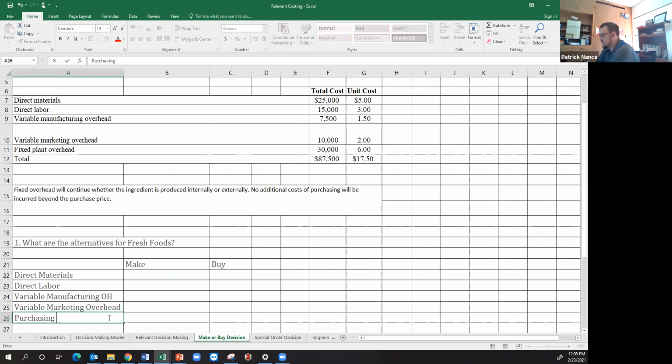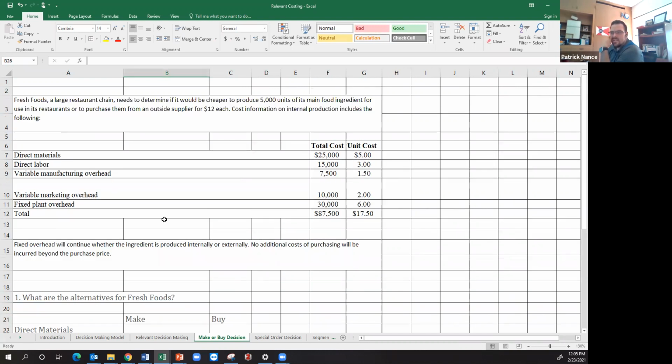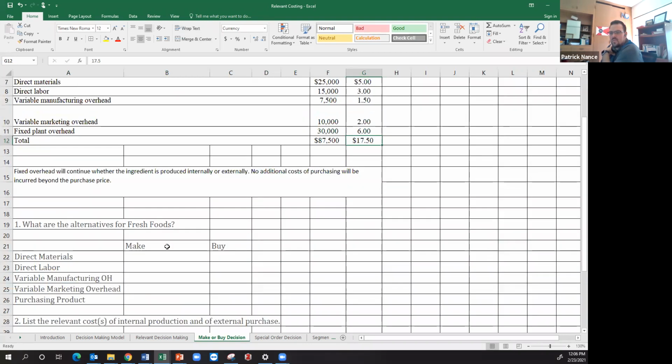So purchasing the product would give me my cost. So if we look at this, just based on the numbers that we can see on the surface without doing any additional work, we see that they can buy the outside product for $12. The unit cost is $17.50. So just on the surface, it looks like it is going to be cheaper for us to buy the product externally. We'll see if that's actually the case or not once we go through the numbers.